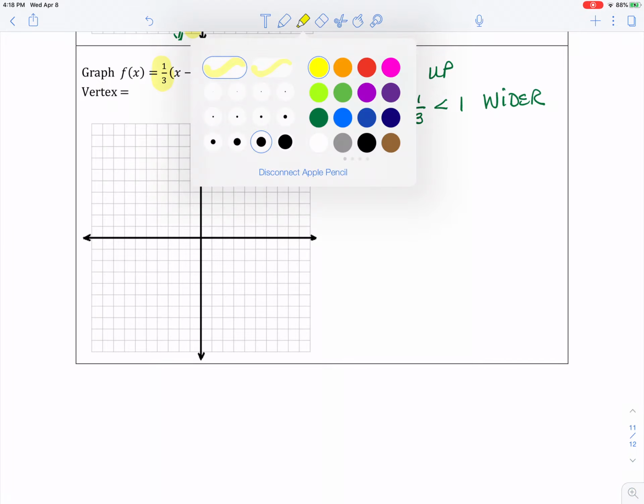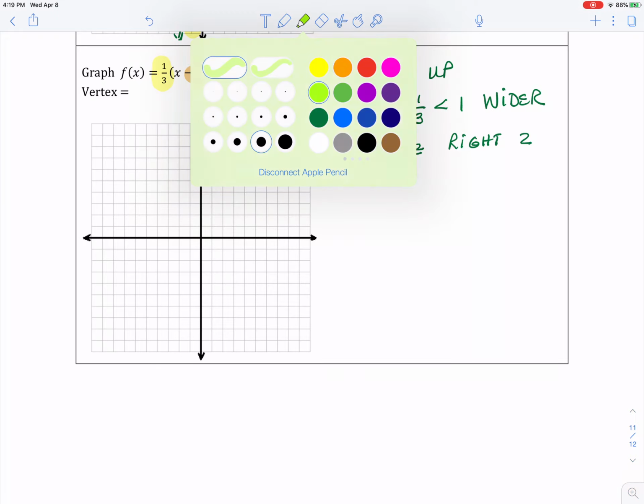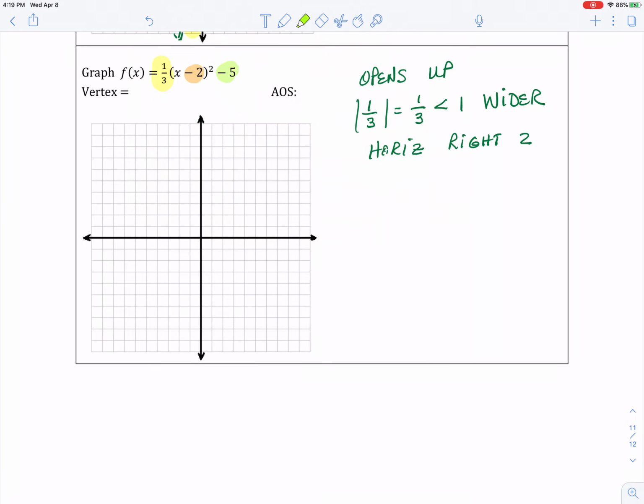This minus 2 inside here tells me I'm going to have a horizontal shift to the right 2 units. And this -5 out here on the outside tells me that I'm going to have a vertical shift that's going to take us down 5 units.